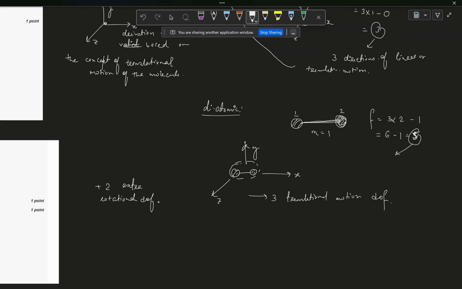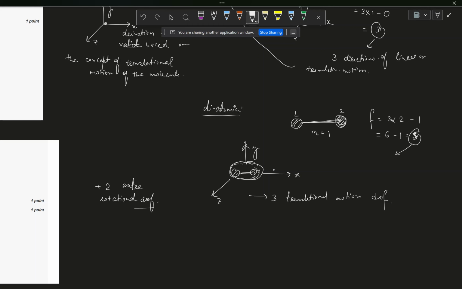Why are we saying rotational degrees of freedom? Because this molecule has formed a structure like this, it has an axis that it has to maintain, which is the connecting link between the two atoms. That is the constraint. So they cannot rotate in that direction, but they can rotate along the other 2 axis directions.